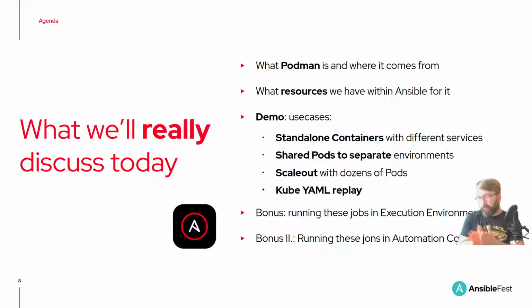So we are going to look into what Podman is, if you are a container newbie, what it really does. Then we are going to look into what resources you have within Ansible to automate those processes with Podman. Then we are going to dive headfirst into the demo with 4 use cases that we have prepared for you guys.